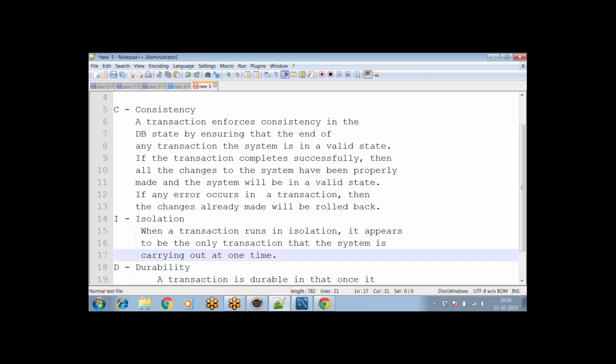If it is executing in isolation, you'll find that every transaction executes as if it is the only transaction which is executing at one time. So that is what it means here.